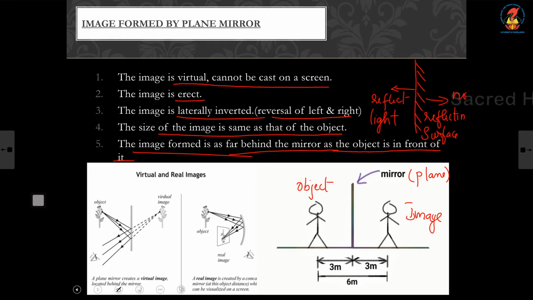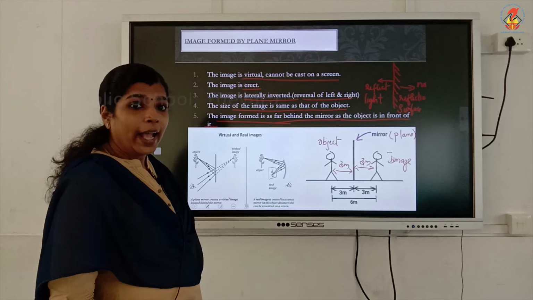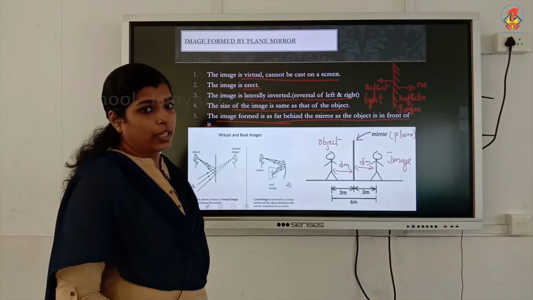Here you can see the distance between the object and the mirror is 3 meters. So the distance between the image and the mirror is also 3 meters.